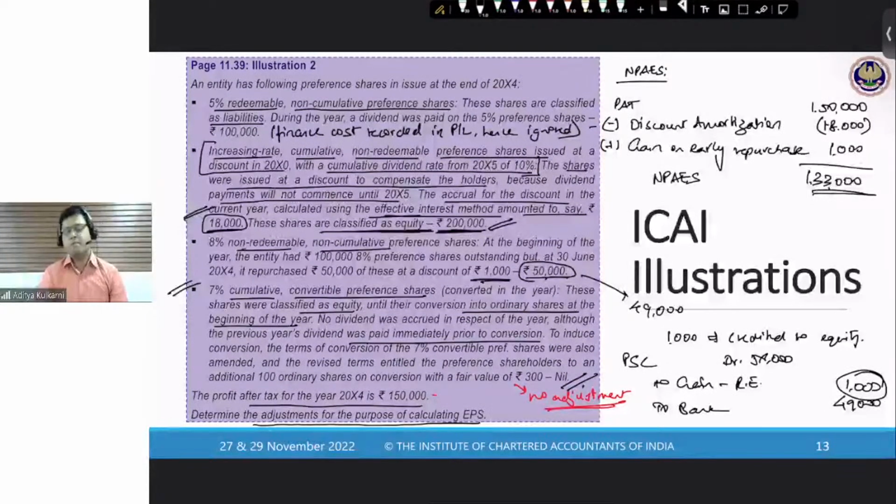There is a borrowed concept of discount rate from financial instruments, and there is another concept which is borrowed, that you will have to not take it as a finance cost since it is recognized as equity. Did you understand?